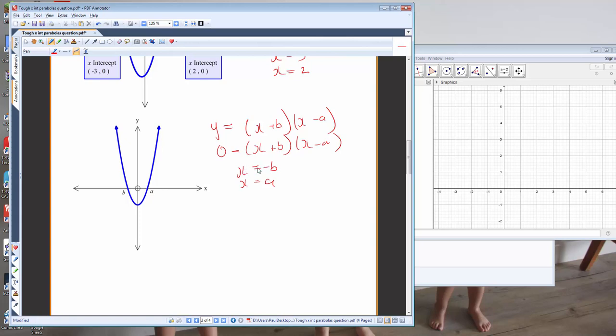Now, why isn't this the case? Well, this is saying that one of the x-intercepts is negative b, and it's not, it's b. We don't care whether it's negative or positive, we're just saying that the x-intercept is b in this case. This says the x-intercept is negative b, so it's wrong. Now the a value, well, that's right, x is a. So we're going to avoid using this approach and look at it using the same method that we've been doing for the other questions.